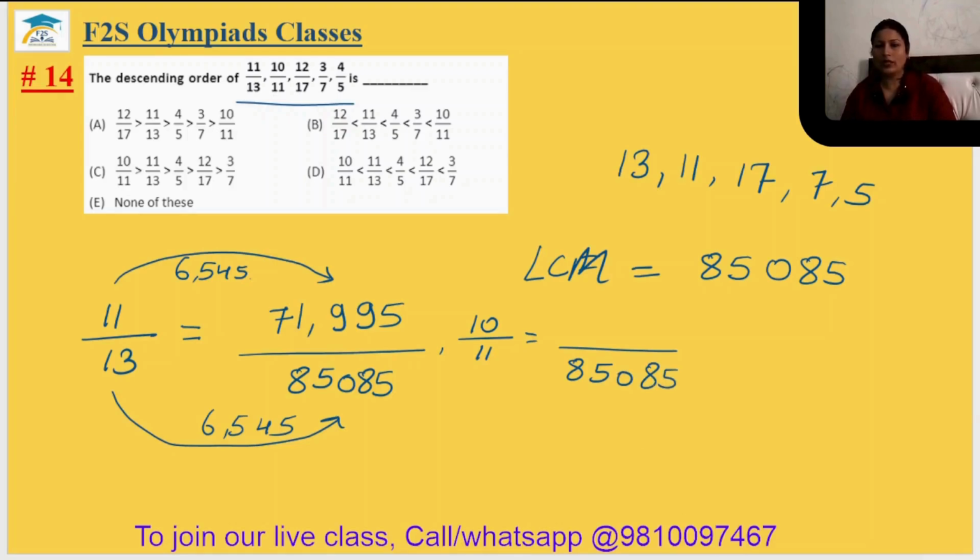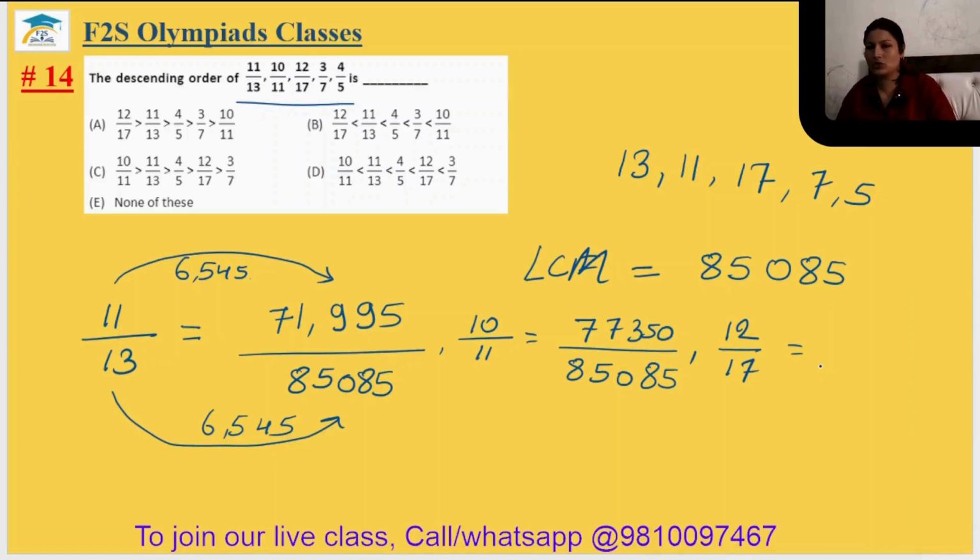Next is 10 by 11 with denominator 85,085. How can we find out? Just take 85,085 and divide it by 11. You will get 7735, and 7735 multiplied by 10 is 77,350. Now next is 12 by 17.